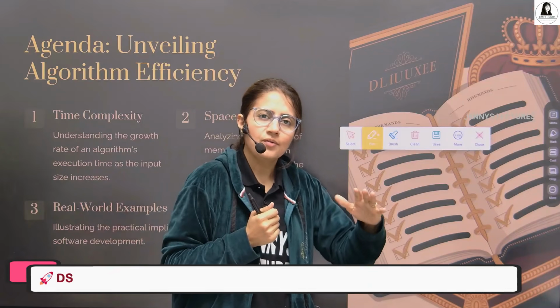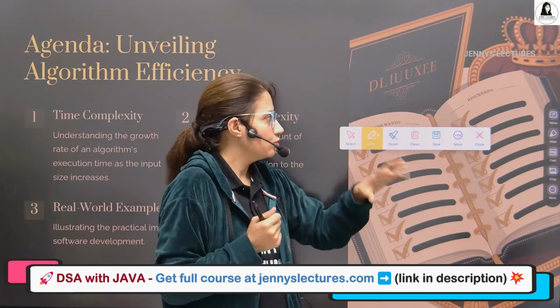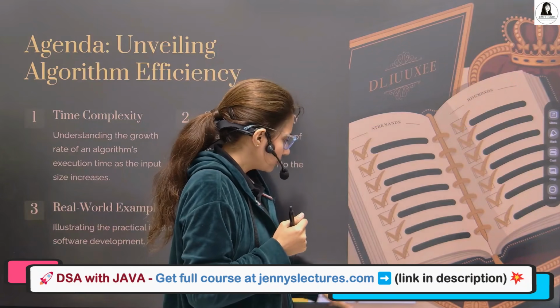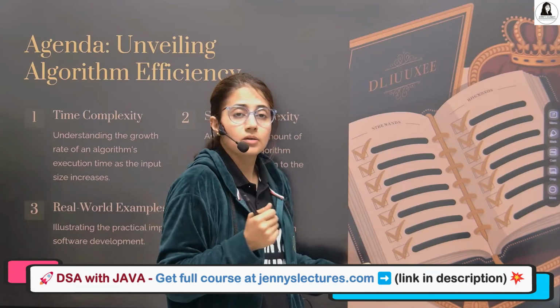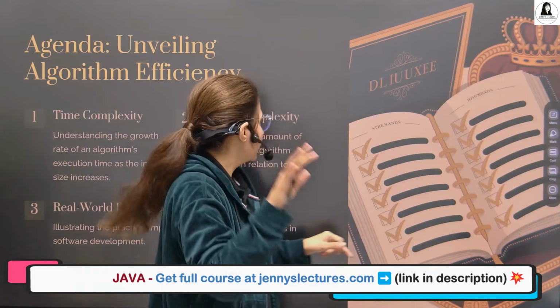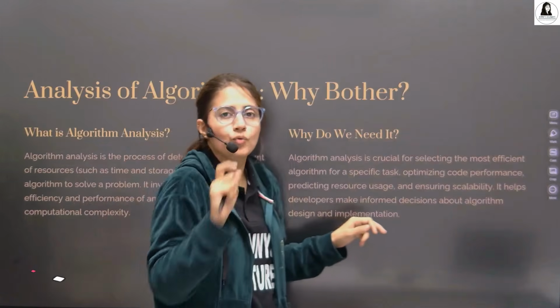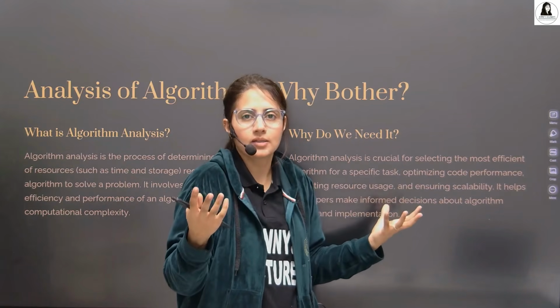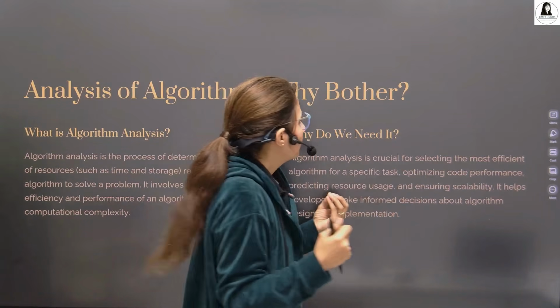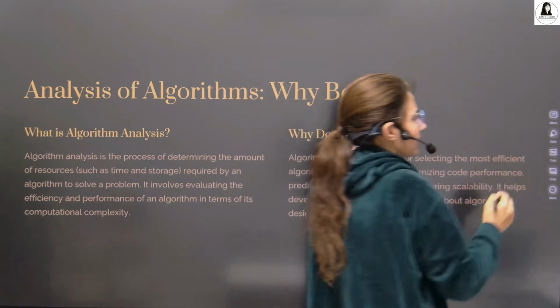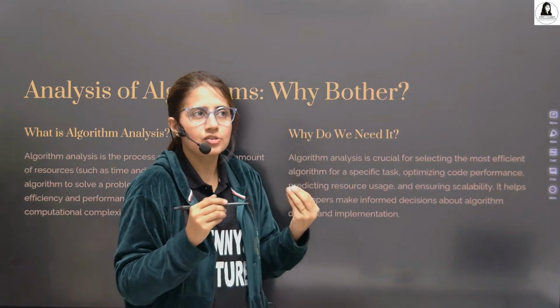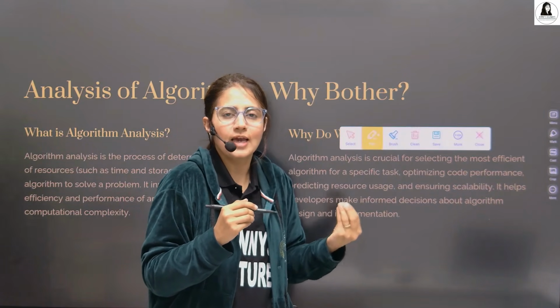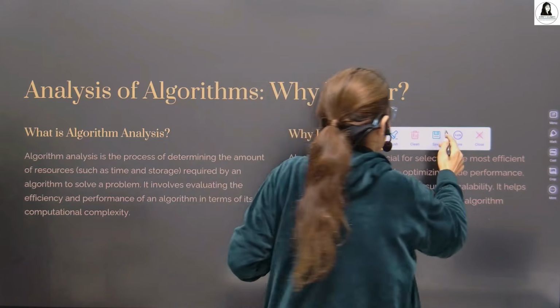Same way, we have many approaches, many algorithms to solve a particular problem. So you have to analyze those things and decide which algorithm is good. That's basically what we are doing: analysis of algorithm, right? Now, what is this analysis of algorithm? Based on some factors, we analyze whether an algorithm is good or not.